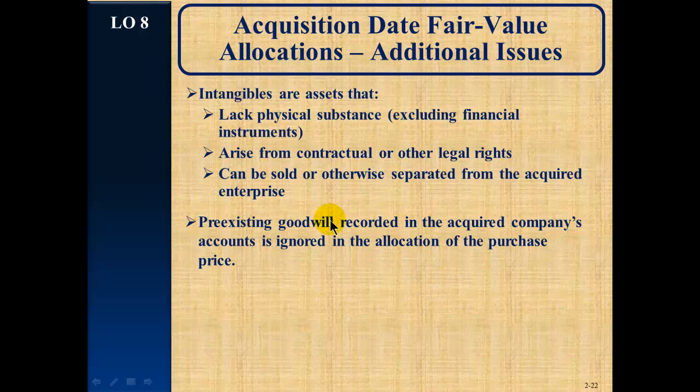But you're not trying to value goodwill that already existed, because that subsidiary you're about to buy could have, on its own years ago, purchased some other company and had goodwill on their books when they did their, I'll call it, purchase accounting, or their acquisition method. But you, in this current transaction, are going to ignore that.